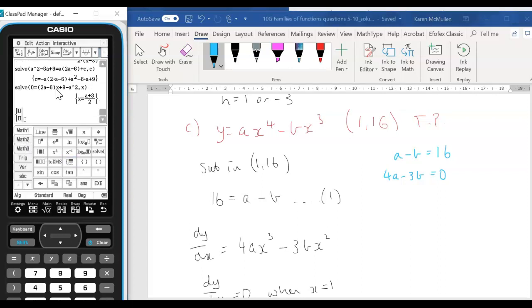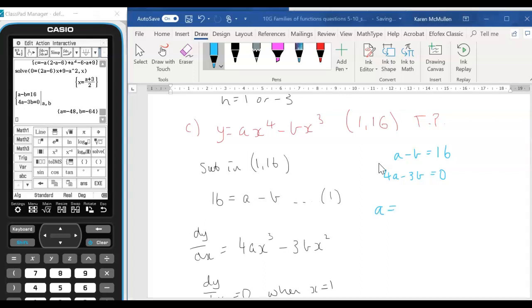So we've got a minus b equals 16, sorry, the first one wasn't 0, it was 16. And the second one is 4a minus 3b equals 0. So a is equal to negative 48 and b is equal to negative 64.